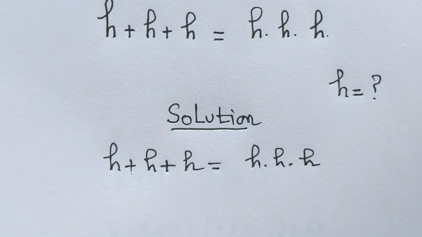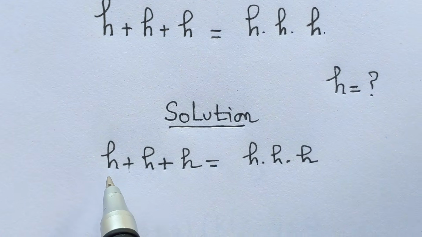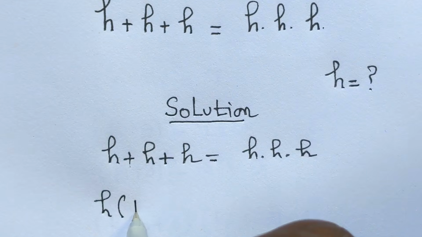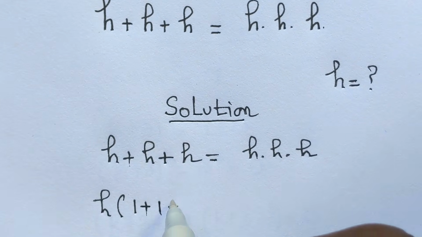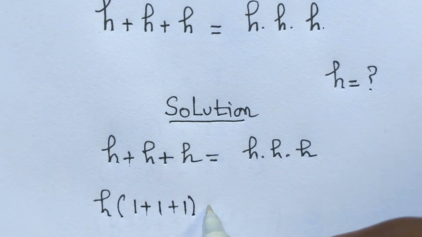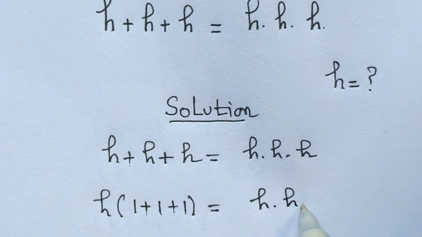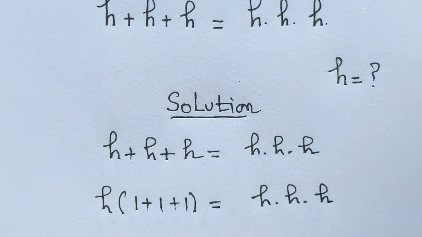All right, here we factorize h to get h times (1 plus 1 plus 1), and this will be equal to h times h times h.